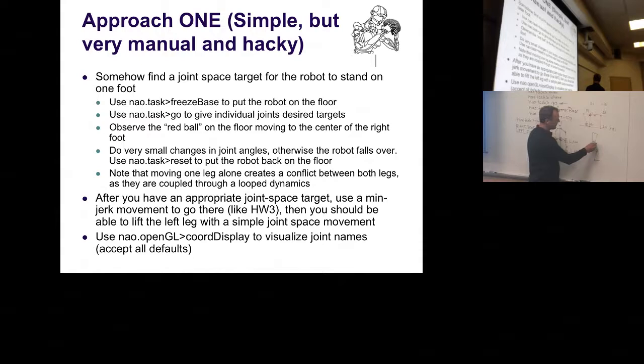You move this a little bit up, then while you're moving this up, you have to move this a little bit backward. And in order to not hit the ground with your toes, you may have to move this a little bit up as well. And the interesting thing is, if you move the hip up by 0.1, you usually have to do the knee by 0.2, and the ankle again by 0.1. The knee basically has to do twice as much because it has to accommodate the ankle and the hip.